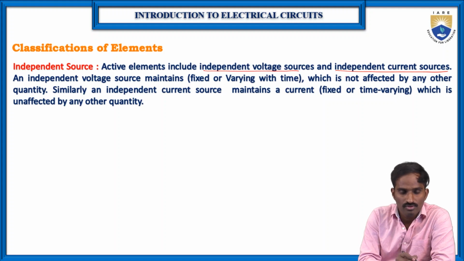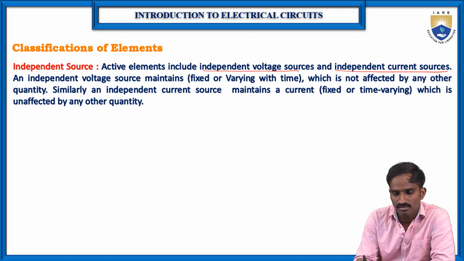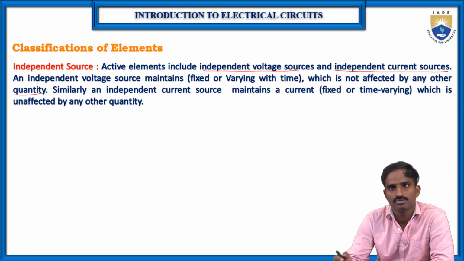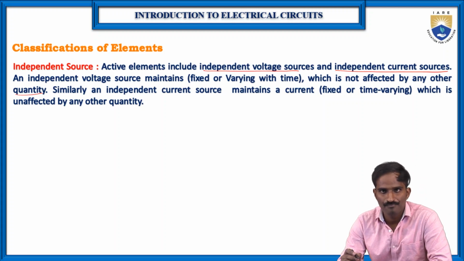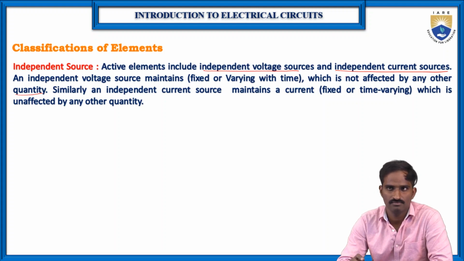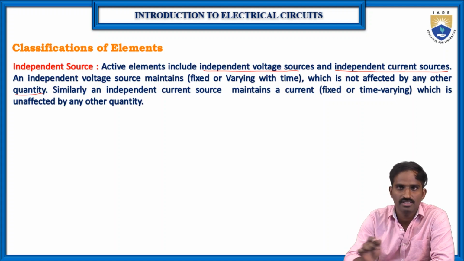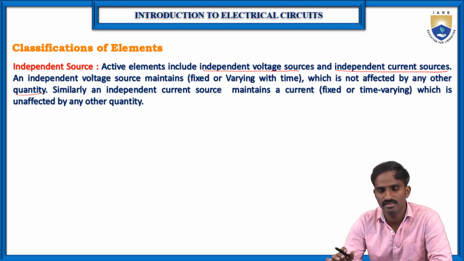The independent voltage source maintains a fixed value, which is not affected by any other quantity in a circuit. Which means the value of the voltage source will not depend on any other element present in the circuit, which is called the independent source. The name itself gives the definition.